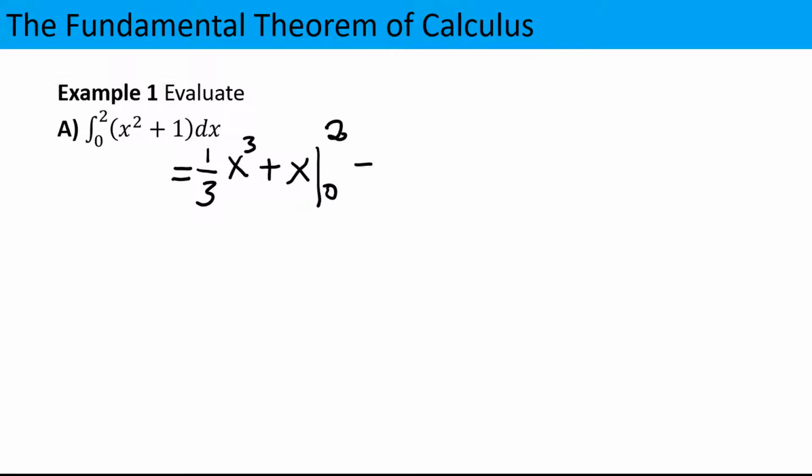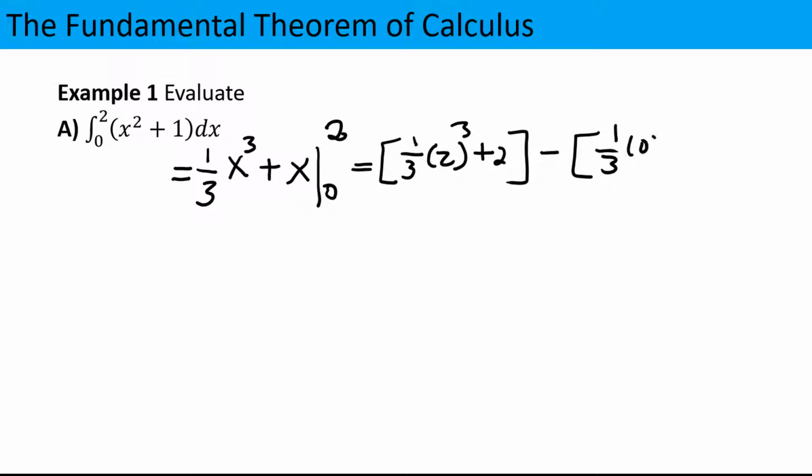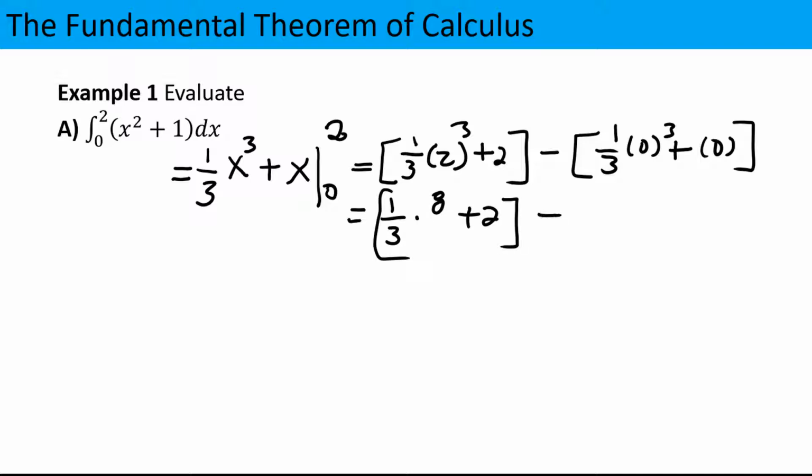So the algebra becomes, first we evaluate at 2, so 1/3 times 2 cubed plus 2, minus 1/3 times 0 cubed plus 0. Progressing, we'll have 1/3 times 2 cubed is 8/3 plus 2, and then minus, zeros are in all of the factors, so it'll just be 0.